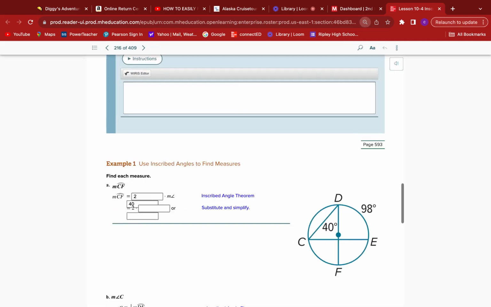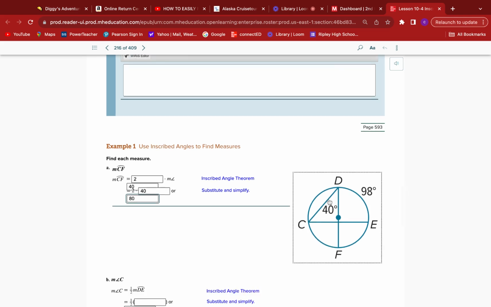No, no matter what I do. All right, well, 2 times 40 is 80 degrees. So this arc CF is 80 because its inscribed angle is 40 times 2.